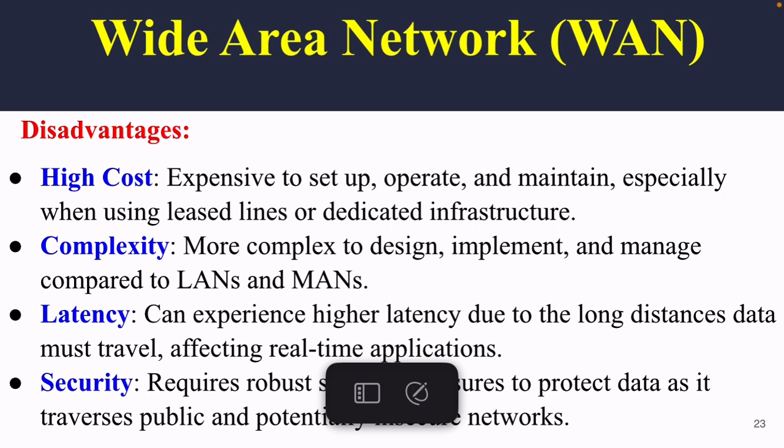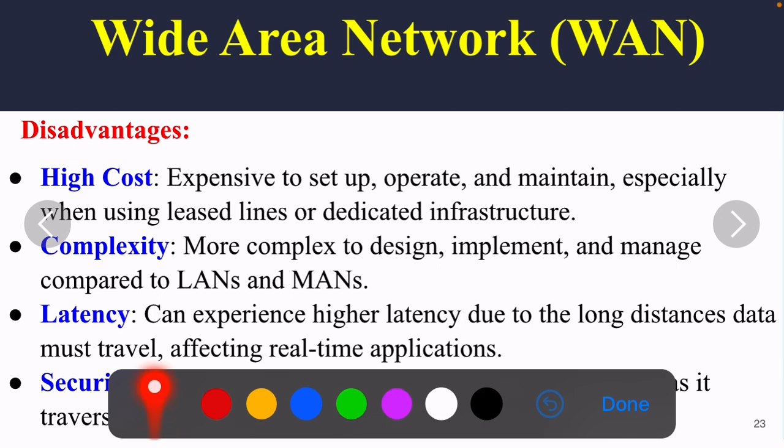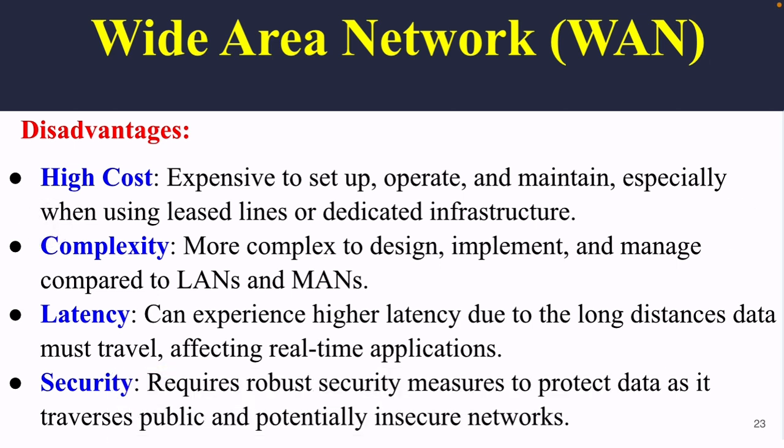And then there may be a problem of security. Next is the security problem. It requires robust security measures to protect data as it traverses public and potentially insecure networks. The best example is that a wide area network needs a firewall and antivirus software. Why?